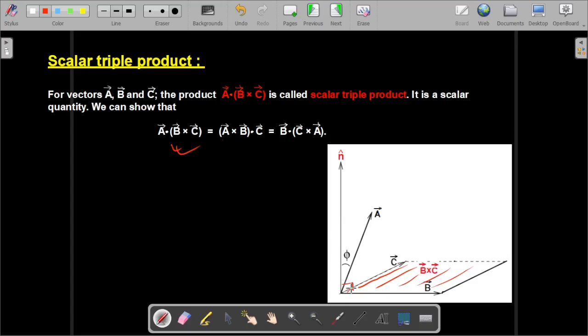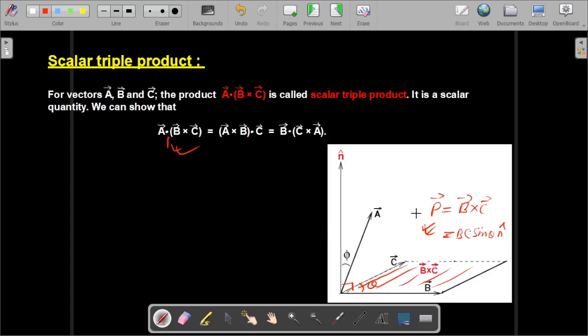Suppose A is in this direction. The result of this will be B cross C, so B C sine theta means this. And with this value, this vector, we take the product.